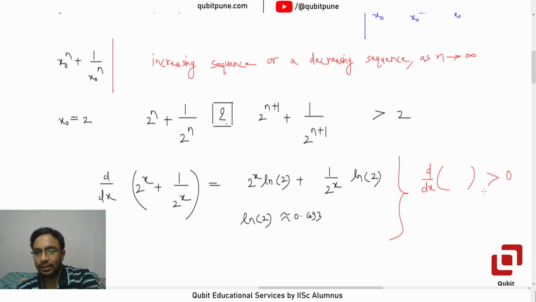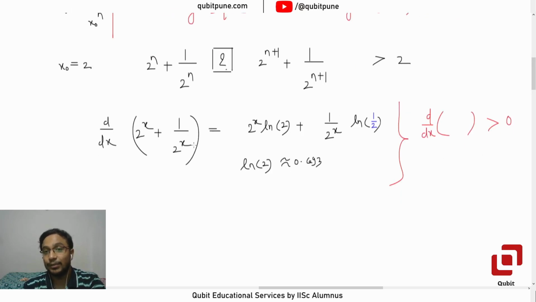Oh wait, I think I have made a mistake here. This is not ln 2, this should be ln 1 upon 2, because it was 1 upon 2 raised to x. But let's see whether our argument still holds.